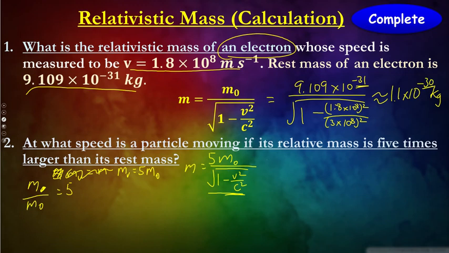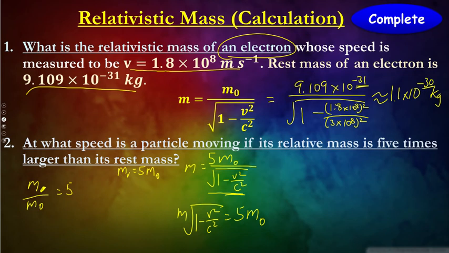Now we have the mass equation: m0 over the square root of 1 minus v squared over c squared equals 5 of the initial mass.